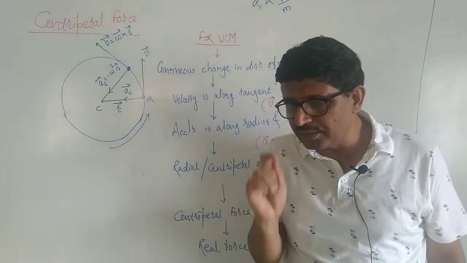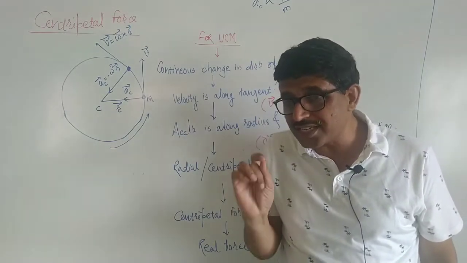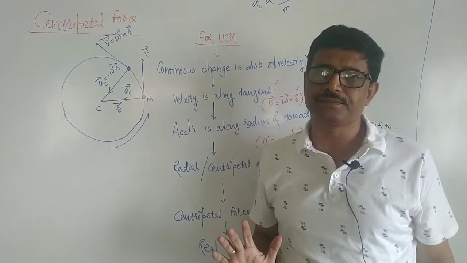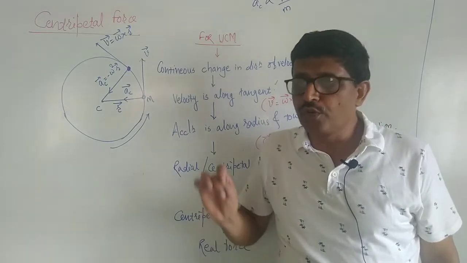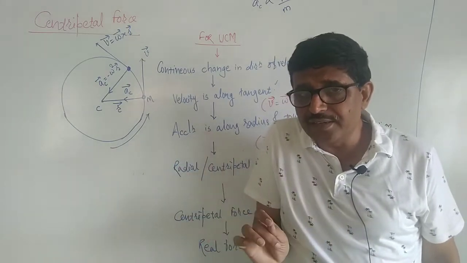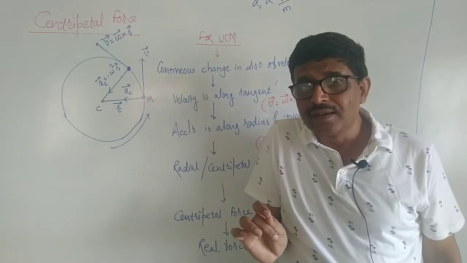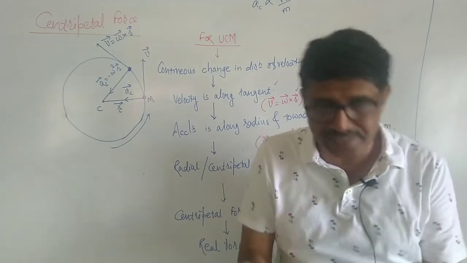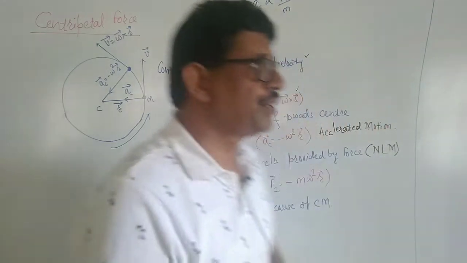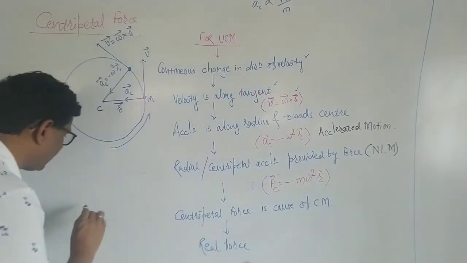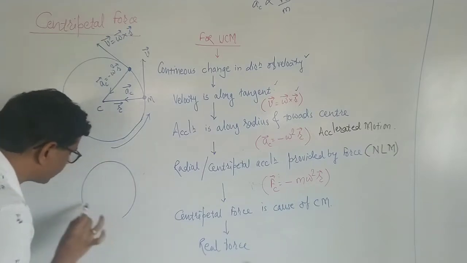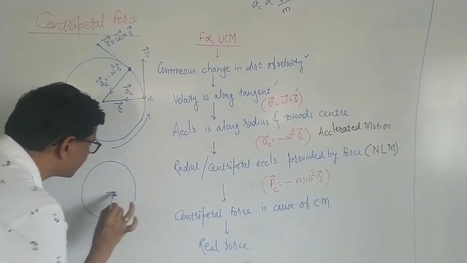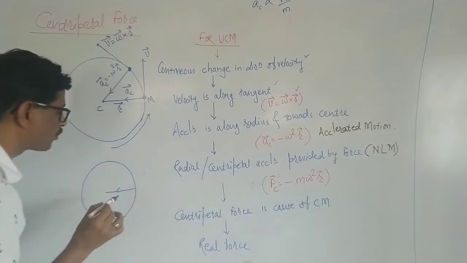Now, one thing I want to stress here is that the force which is towards the center is responsible for circular motion. It is necessary, no doubt, but it is not sufficient. In addition to that, the force should be along the radius and towards the center. This is one need of circular motion.